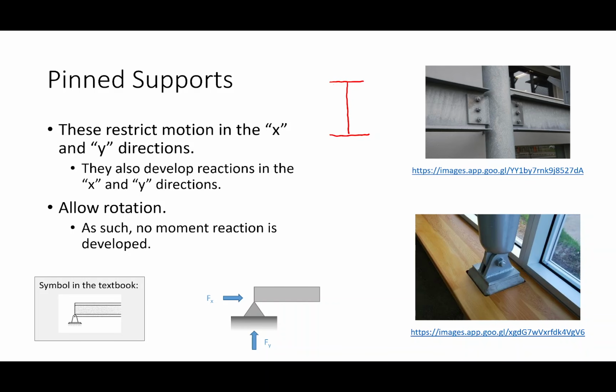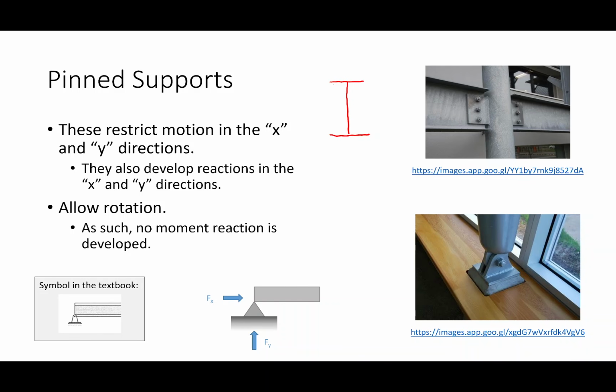Now, in steel design, this is a broad simplification, but it works pretty well. In steel design, we tend to consider that the flanges are the component of the I-beam that primarily carry the moment, but the web is the part that primarily carries the shear, okay? So what we have is a connection that is connecting the web, but it's not connecting the flanges.